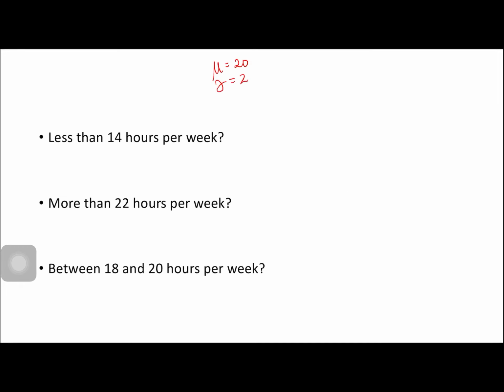So given our mean is 20, our standard deviation is 2. So less than 14 hours per week is, we have Z is equal to 14 minus 20 divided by 2. That is -3.